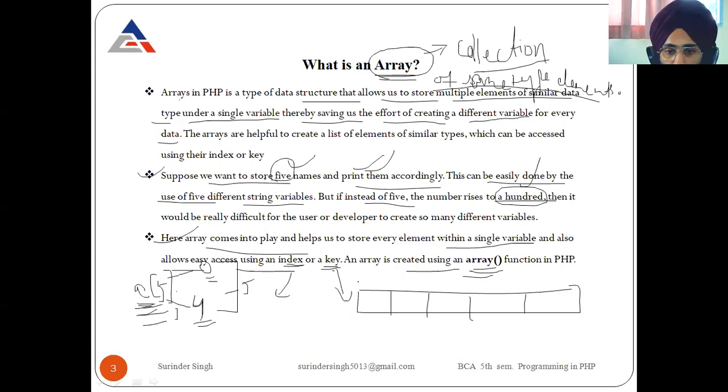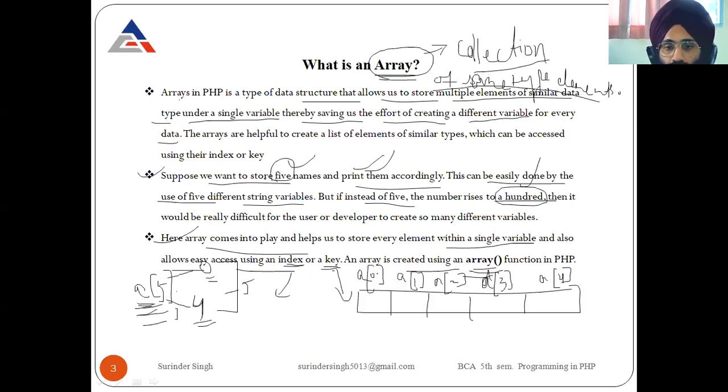Clear? Now how can we write the first element in the array? Like this. Second element like this. Third element like this. Fourth element: the array name is a and the index value is 3. The array name is a and the index value is 4; this is the last element.